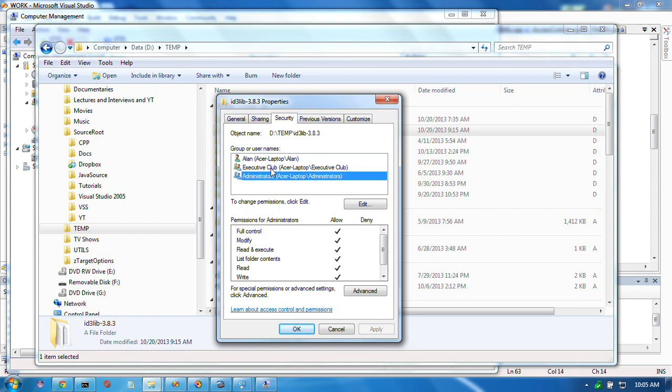And it's probably easier than what I did because I probably didn't need to add as many things.